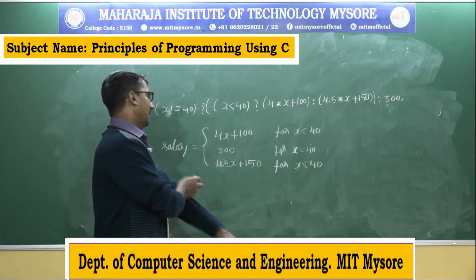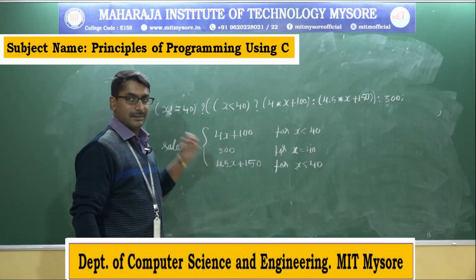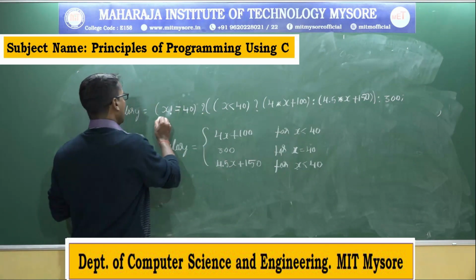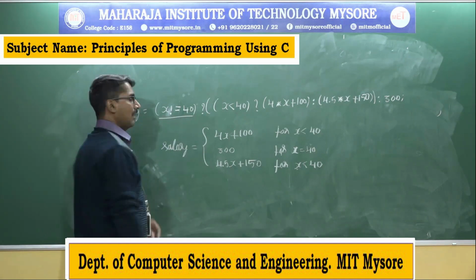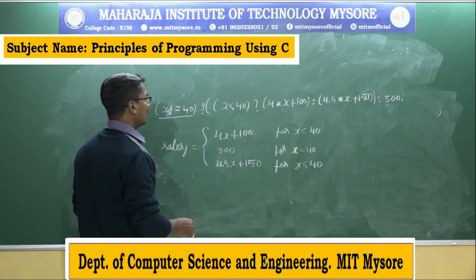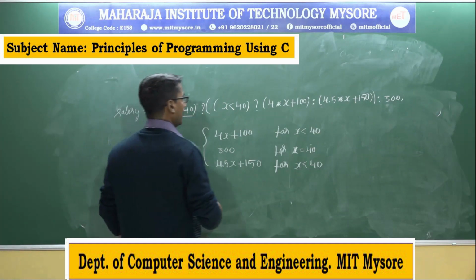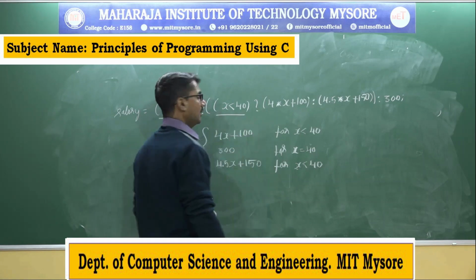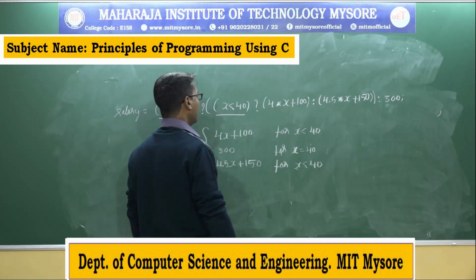Here in this expression, the conditional operators are nested. You can see here, first expression 1 is evaluated. If expression 1 is true, inside there is one more expression evaluated, that is x less than 40.